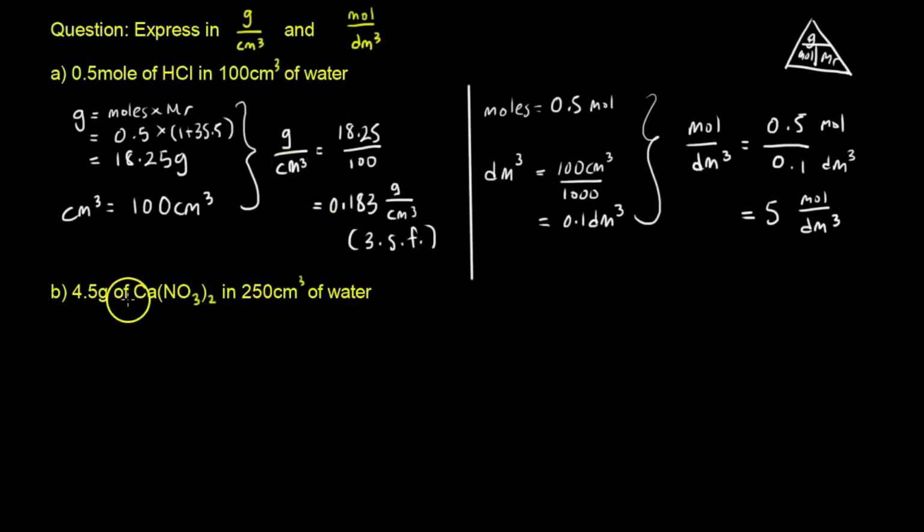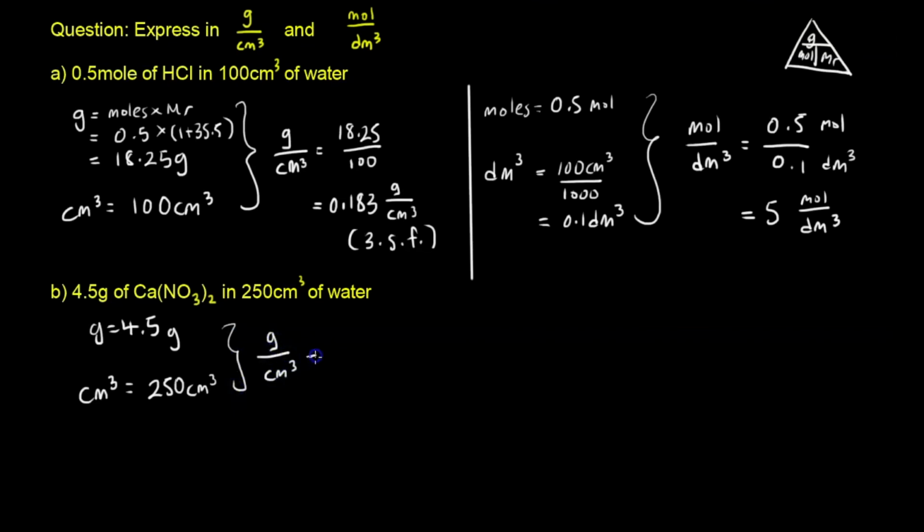Anyway, let's move on to the second example. So now I want the same thing, g and cm cubed. Do I have g? Yes, I do have g. So I just copy back what I have, 4.5 grams. Do I have cm cubed? Yes, I do. This is one of the simplest ones actually. It is 250 cm cubed. Put it together, g over cm cubed.